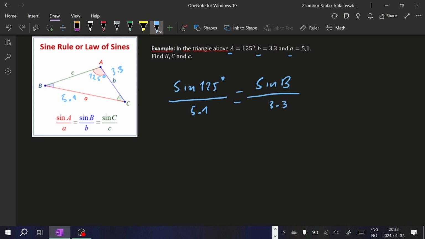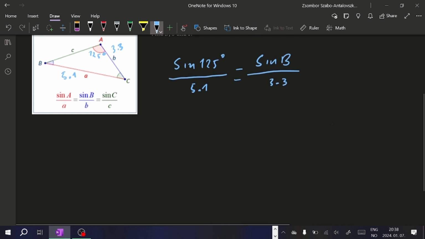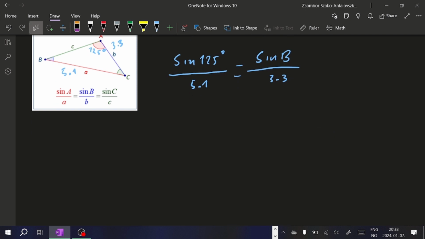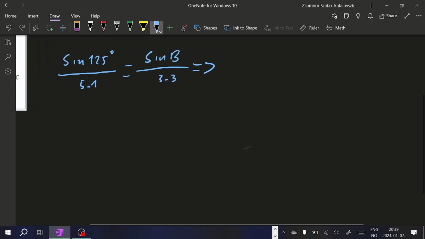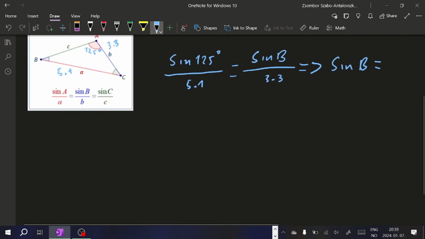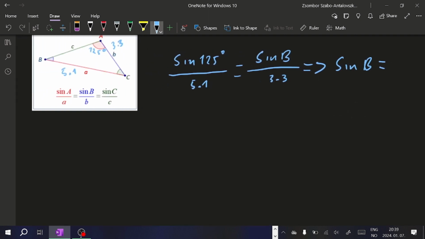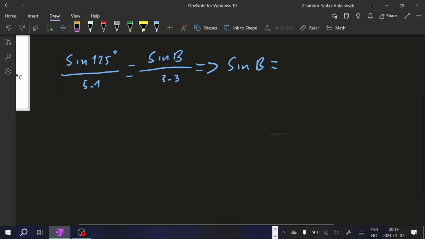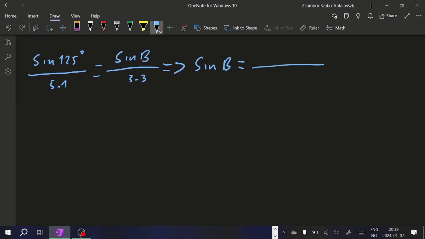And now we can use some cross multiplication, because we need to rearrange. We need to find the sine of B, because we need to find this angle.